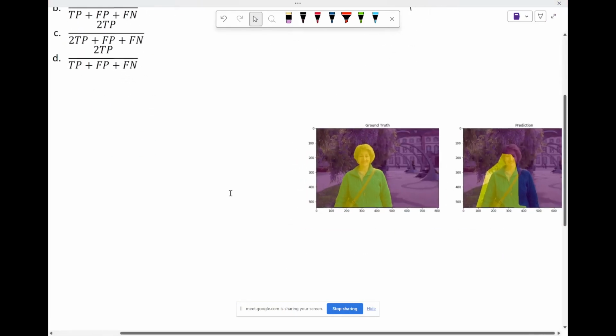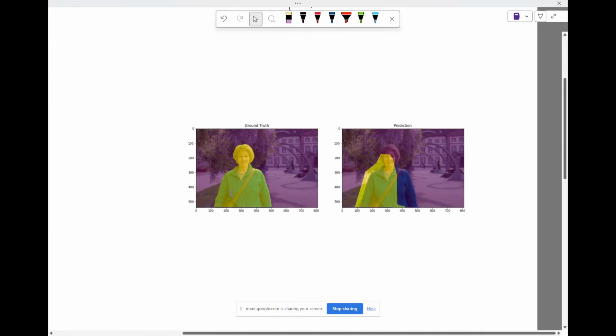If you see these two images, this is an image where there is a lady standing and the lady has been segmented out, while the model's prediction, so this is the ground truth which we want ideally. So someone has probably manually traced out or segmented the person, while the prediction is given by some model.